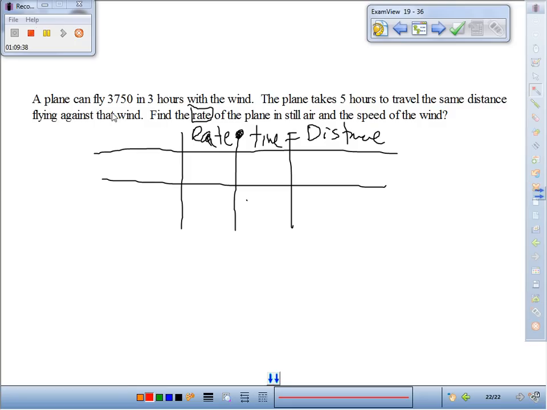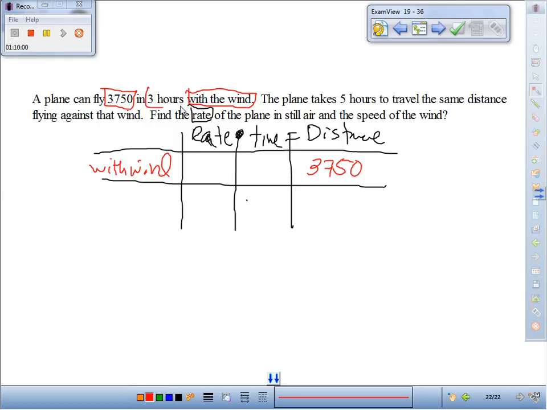Let's reread this. A plane can fly 3,750 miles, so we write that here, 3,750 miles with the wind. So we write with wind.